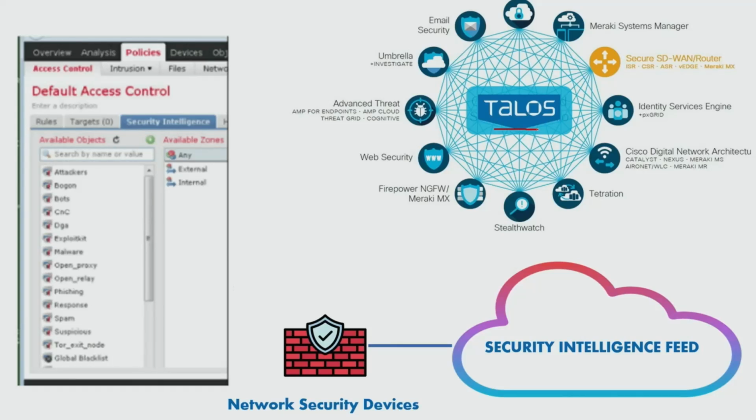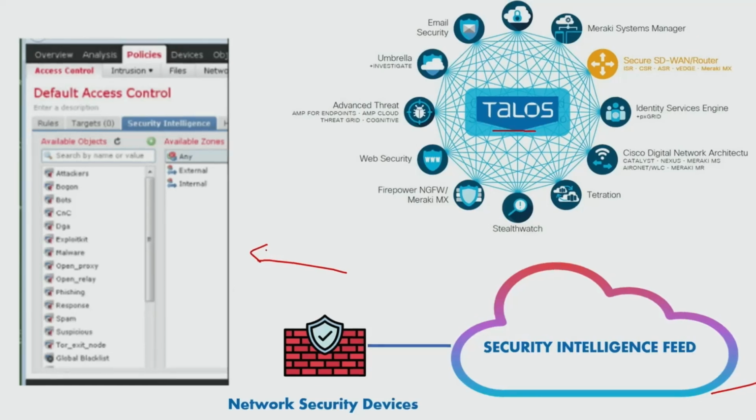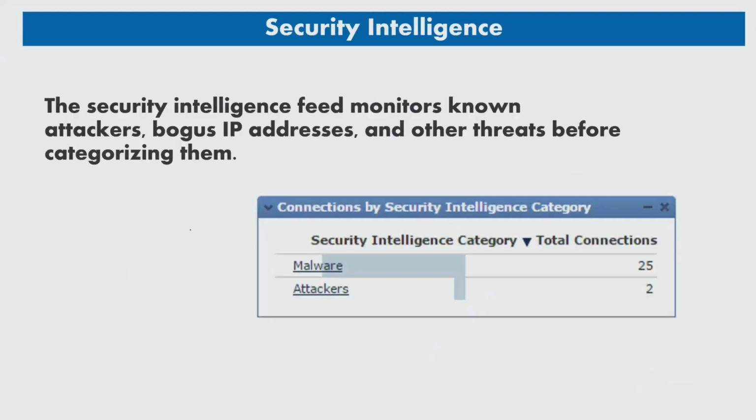As shown in the figure, where we have a Cisco Firepower Management GUI. So we have visibility on the access control policy rule configuration.